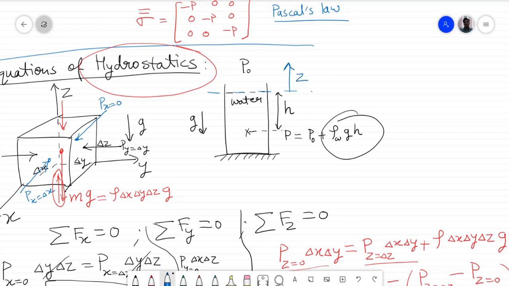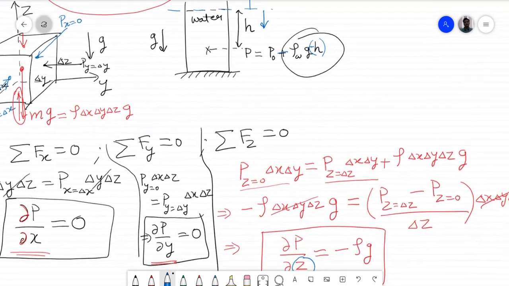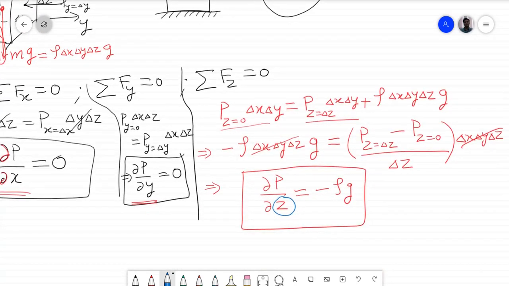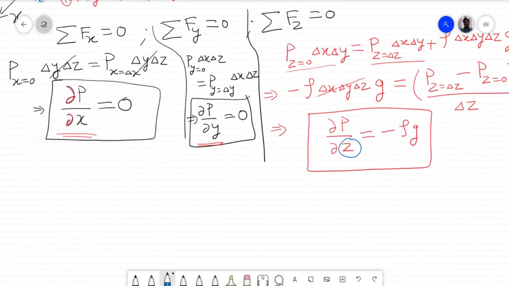As you decrease z, pressure increases because you are going down, and we have written plus rho g h. H is the negative height, so there was a minus sign here and a minus sign in h, that became plus ultimately. Okay, so this is the equation of hydrostatics.